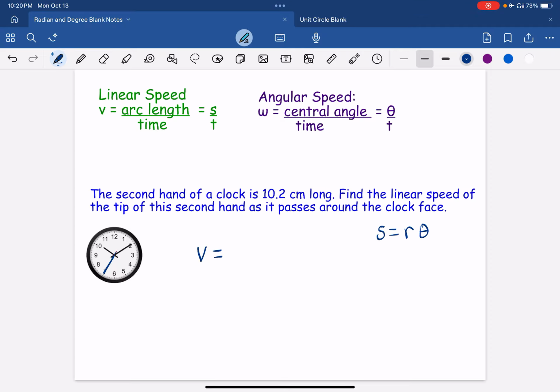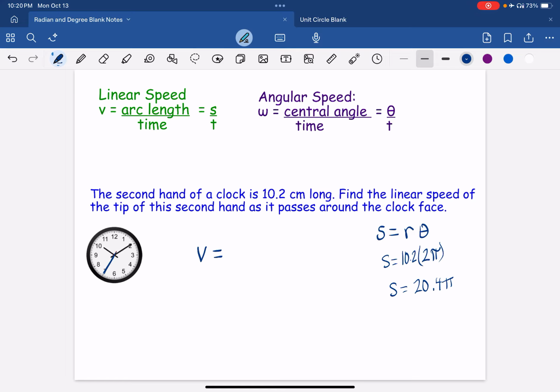Now, y'all, if this second hand moves all the way around the clock, one full revolution, that angle is going to be 2 pi. So that's what we'll have for the angle. And we know the radius they gave us was 10.2. So 10.2 times 2 pi gives me my arc length, which is going to be 20.4 pi.